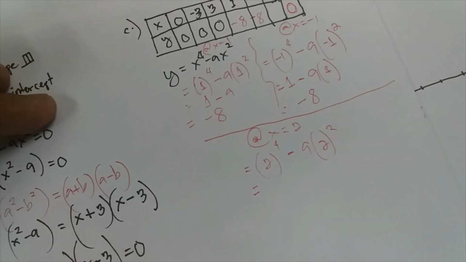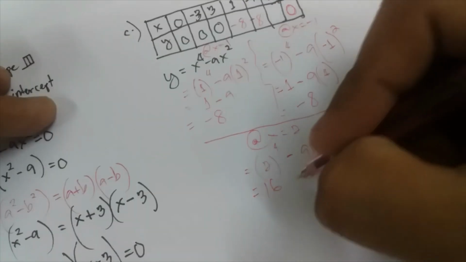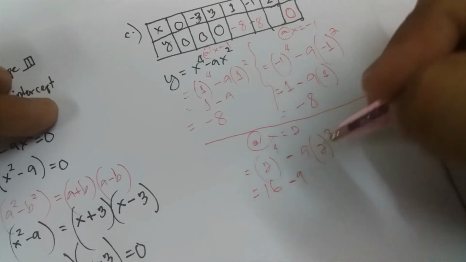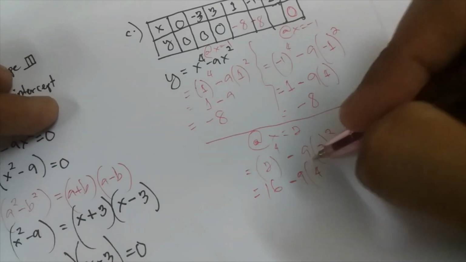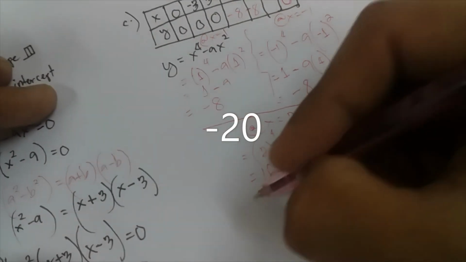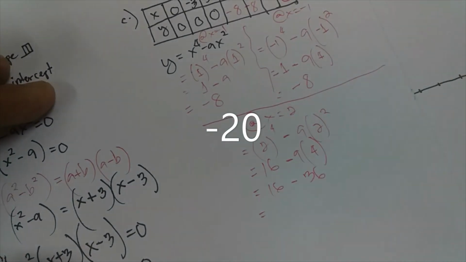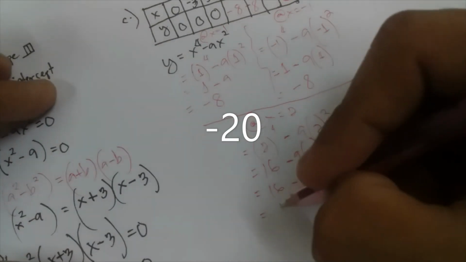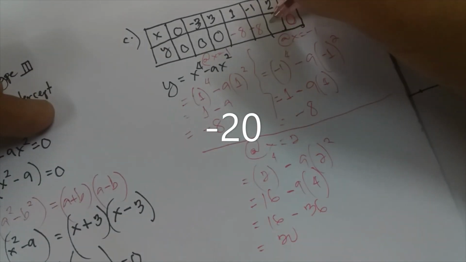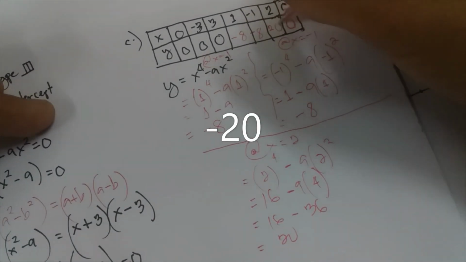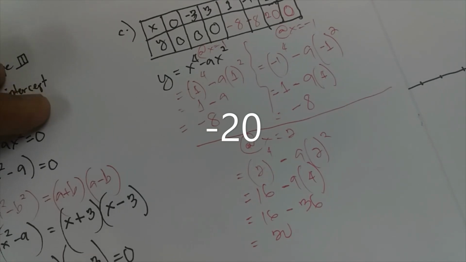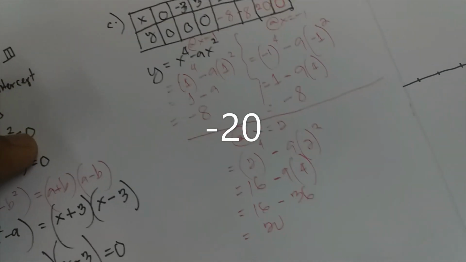We have to multiply 2 four times, 16. The next we have 2 squared, that is equal to 4. 2 times 2 is 4. Then 16 minus 36, that is equal to negative 20. So when x is 2, y is equal to 20. So now we have the table of our values.